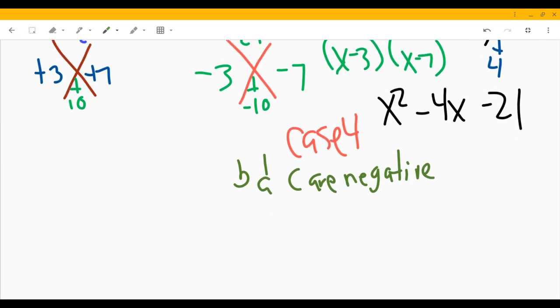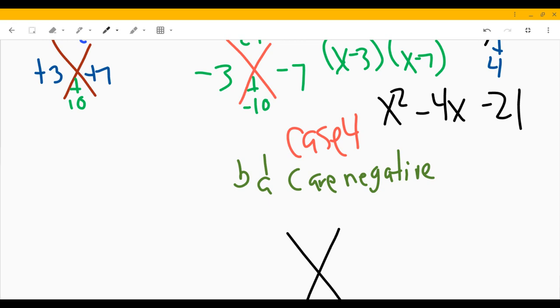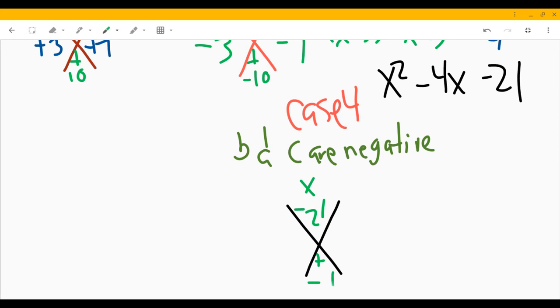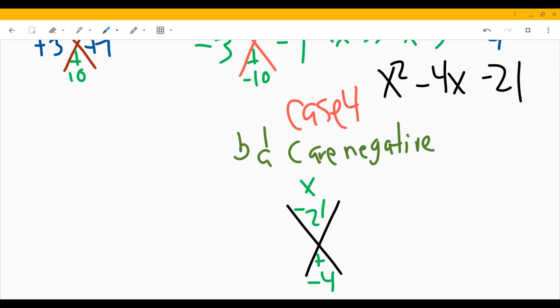And so when you're factoring this trinomial, you're going to think what two numbers multiply to negative 21 that add up to negative 4, where the larger integer is going to be negative.